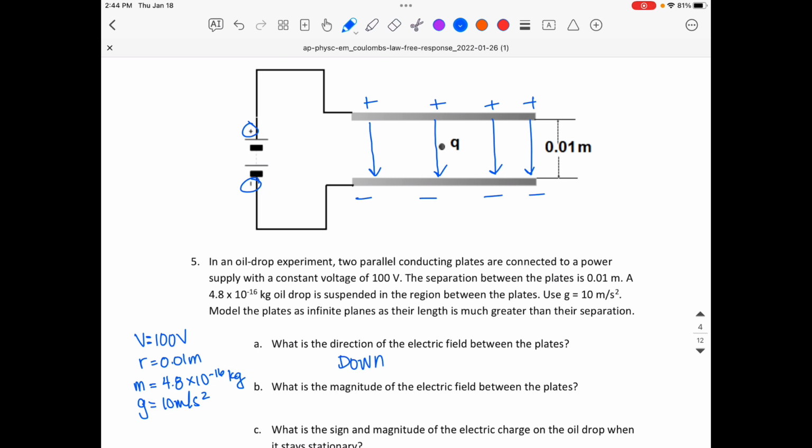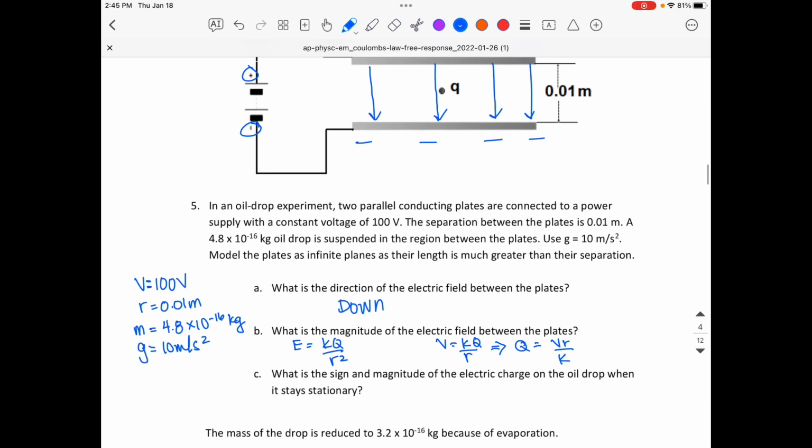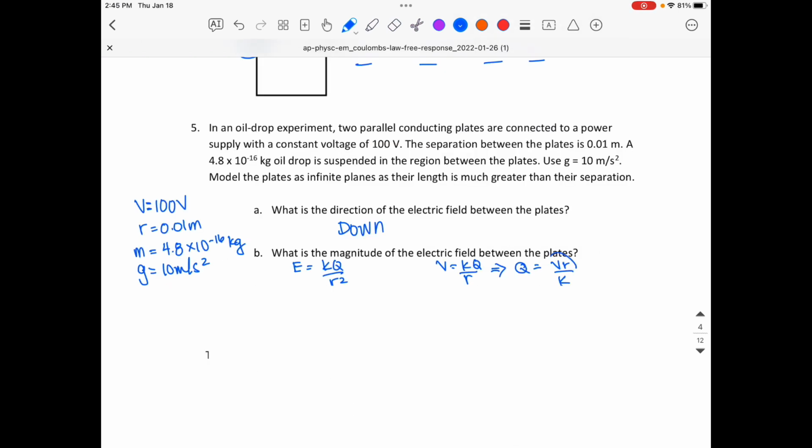In order to determine the electric field, we have the equation E is equal to KQ over r squared. We don't know Q, but we do know that voltage is equal to KQ over r. If we isolate Q, we get VR over K, and we can plug that into the equation for the electric field.